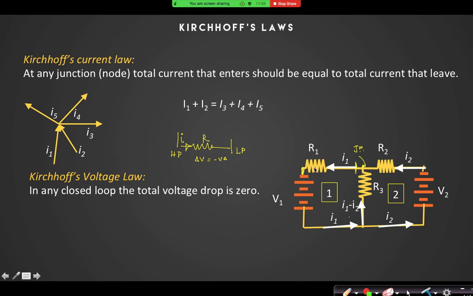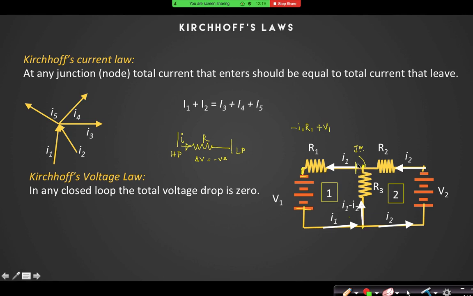Minus I1 R1, right? Then from this point to this point, look, the battery potential is increasing because I am going from lower potential to higher potential. So plus V1, right? Now here to here there is no potential drop. Now from here to here again I will write a potential drop.